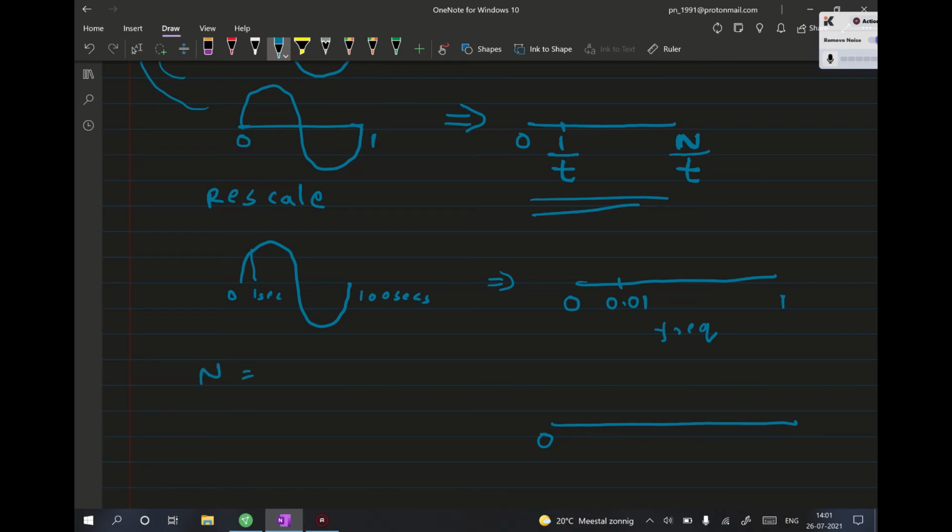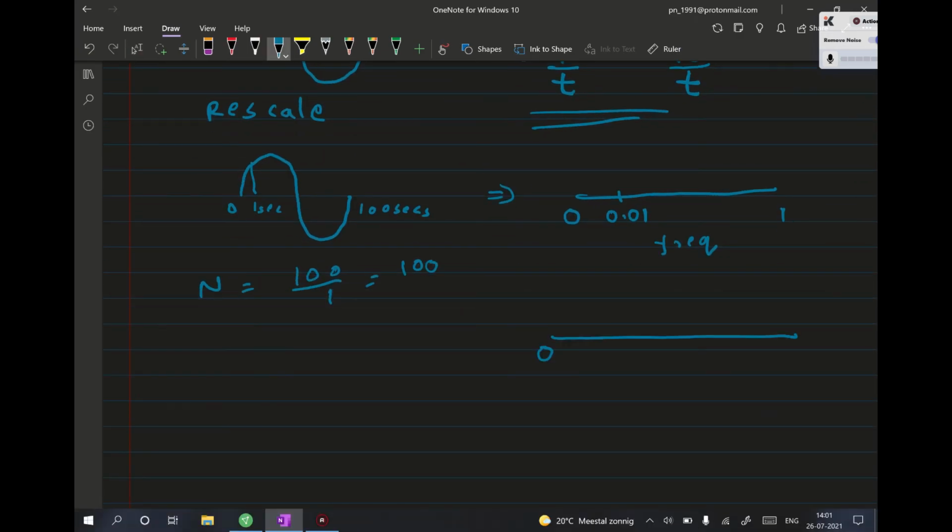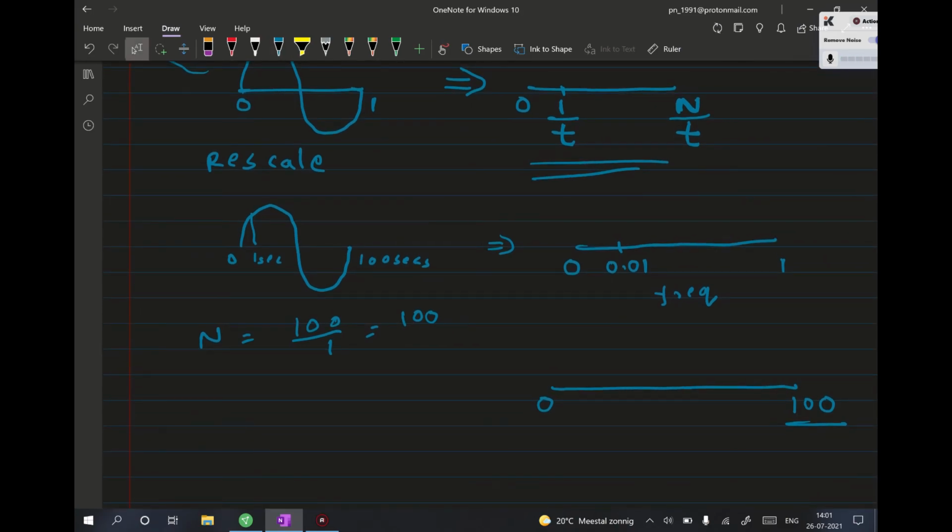Capital N is nothing but 100 by 1, which will come as 100 data points. So 100 divided by t. What is t? T is nothing but 100 seconds. So this is nothing but 1. Okay, this is correct. Now for delta f, it always will be 1, and 1 divided by t is 100, and it is only 0.01. This is the same as this one.